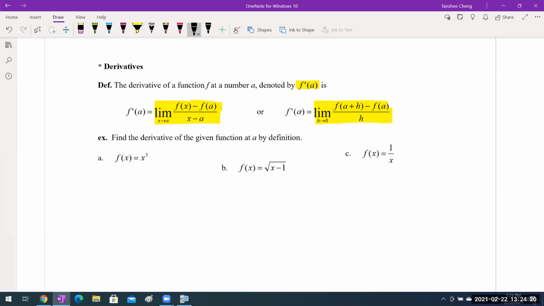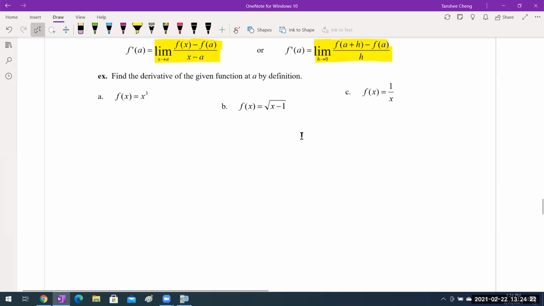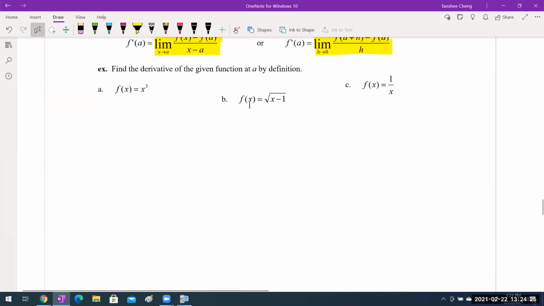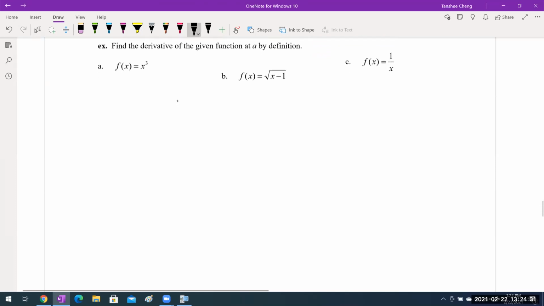So let's take a look at example A. Find the derivative of the function at a, where the function is x to the third power. Either formula is fine, whatever you want to use, but let's start with the proper notation. F prime of a, written a little bit tilted, is basically the limit as x approaches a, at that particular point of the function.